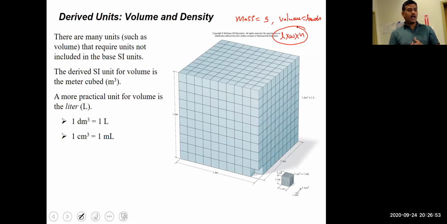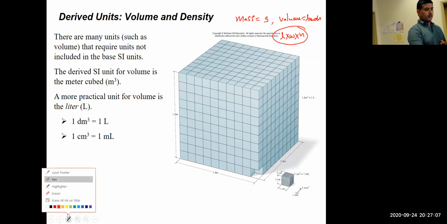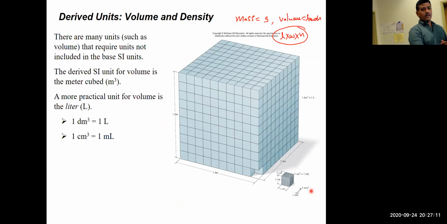So if you can calculate those, for example, look at this sample that you have here. Here you have three different dimensions. You have the height, width, and length of these samples.